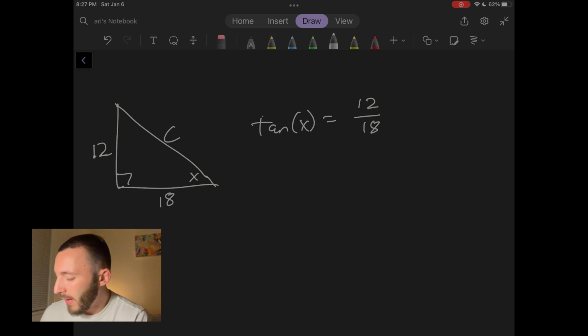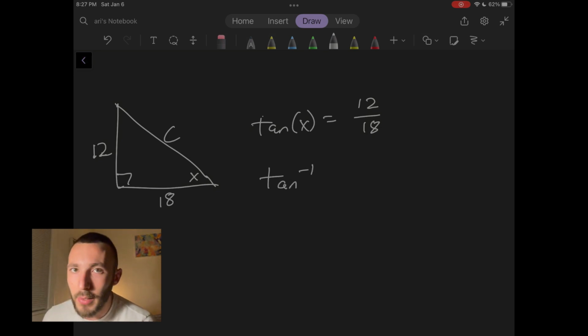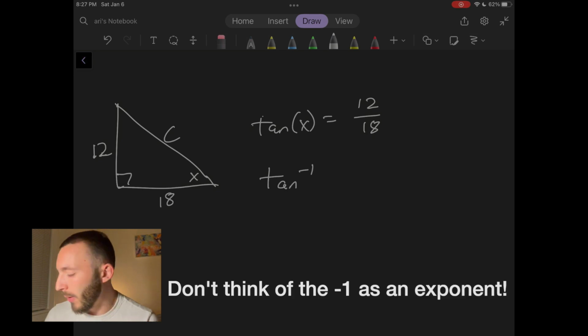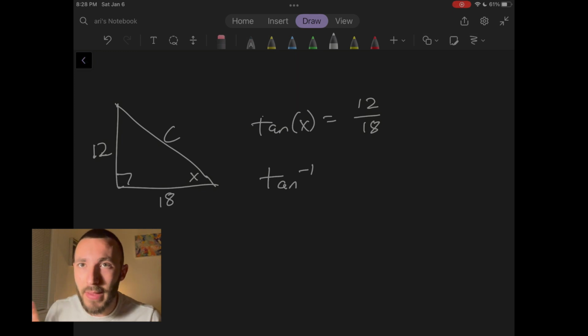Now we haven't actually learned a way of solving this, but you may notice on your calculators that you have this thing that looks like tan -1. We call that arctan. And when we are given the sides but not the angle, and we're trying to use the sides to solve for the angle, we actually use this inverse tan function. What tangent usually does is we give it an angle and it tells us the relationship between two sides, namely the opposite and the adjacent sides. But what if we are given the relationship between the sides and we need to find the angle?